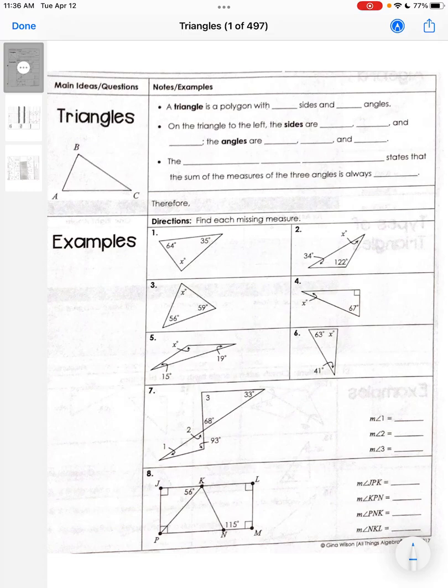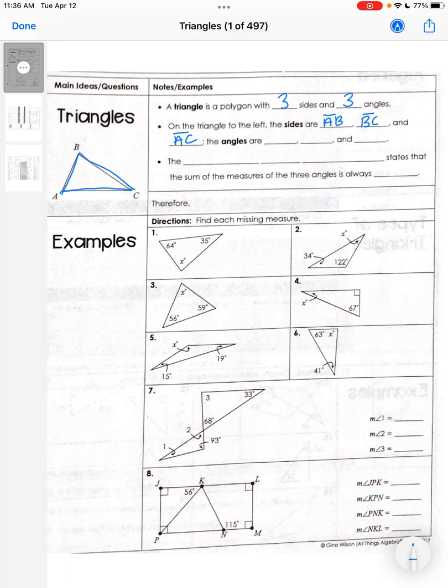Okay, so we're moving on from angles to triangles. So, triangles. A triangle is a polygon with 3 sides and 3 angles. Tri means 3, so that's where that comes from. On the triangle to the left, the sides are AB, BC, and AC.